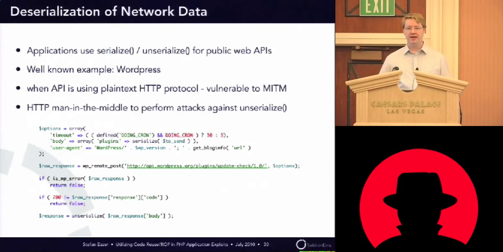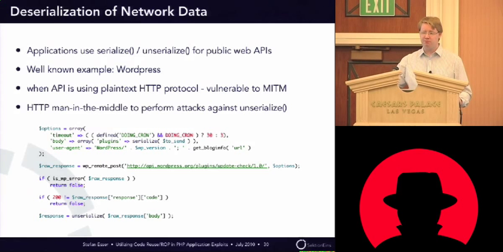So the next part where you see serialize and unserialize very often is when you look at the web application programming interface, the web API. Many PHP-style web applications will provide a serialized and unserialized way to maybe talk REST. They don't use JSON, they use serialize and unserialize.